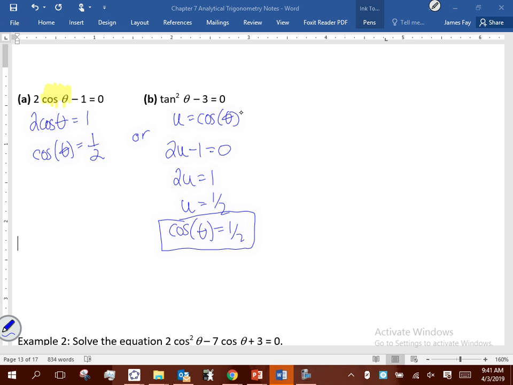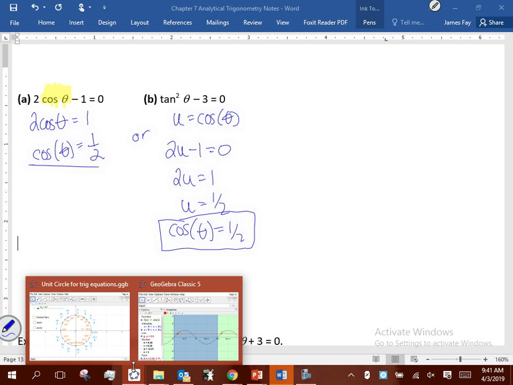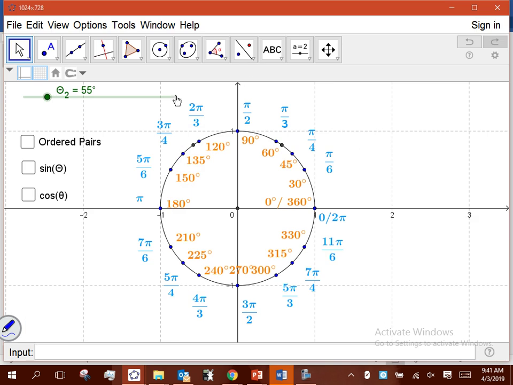Okay. So now we're looking at this thing and say, okay, when is cosine theta equal to 1/2? So again, using your unit circle or using your calculator, you're going to essentially think about, if I'm traveling around this thing right here, where is the x value 1/2?